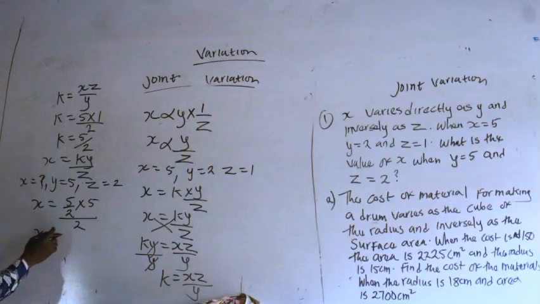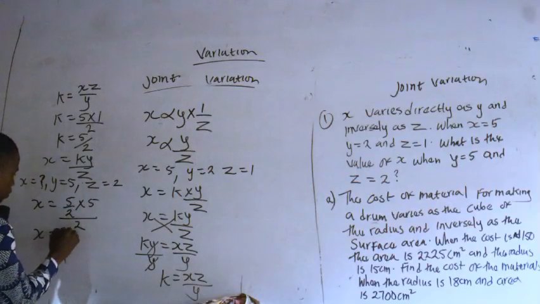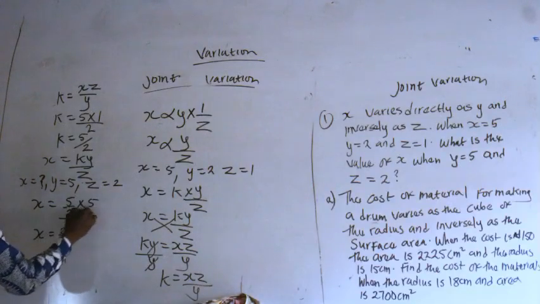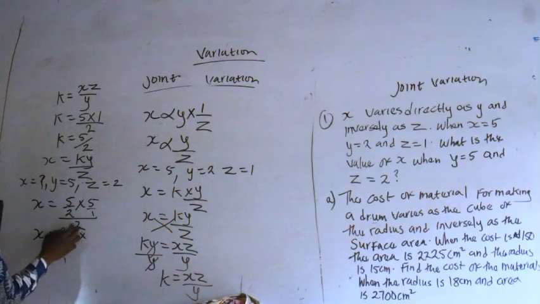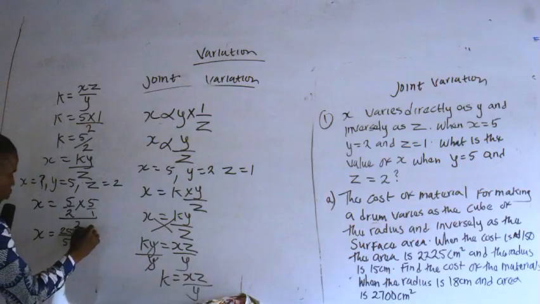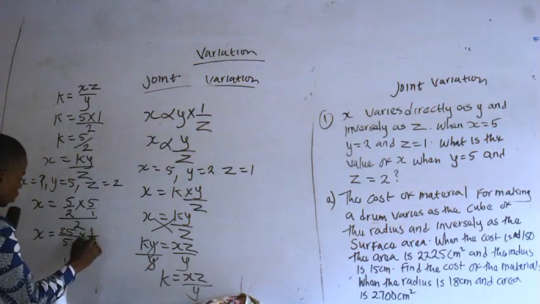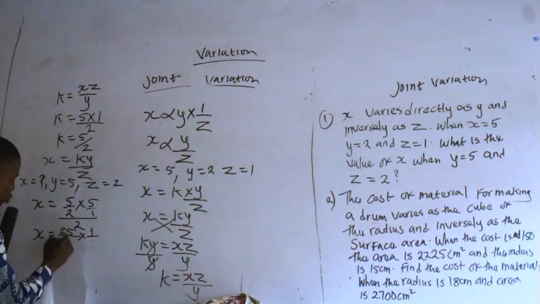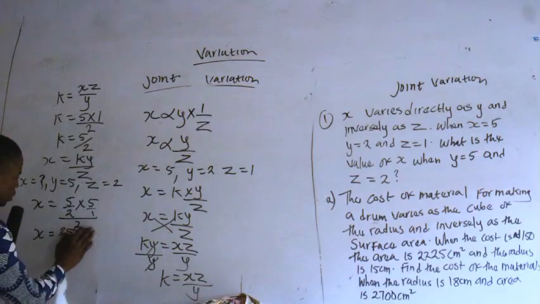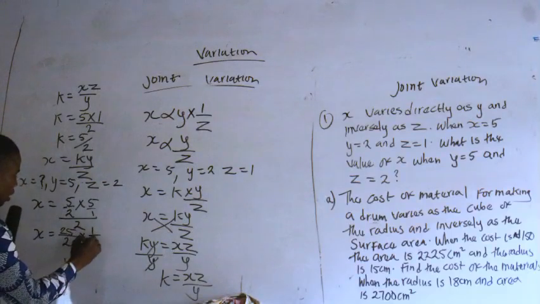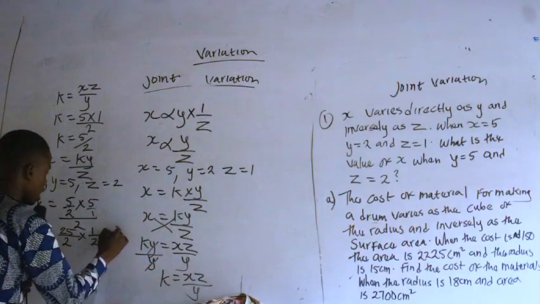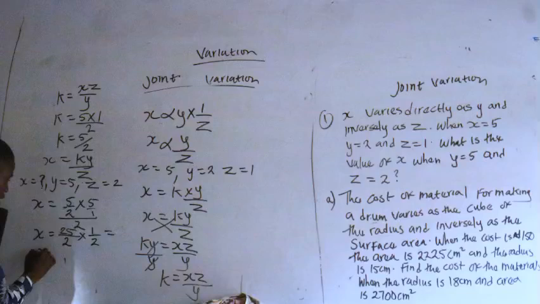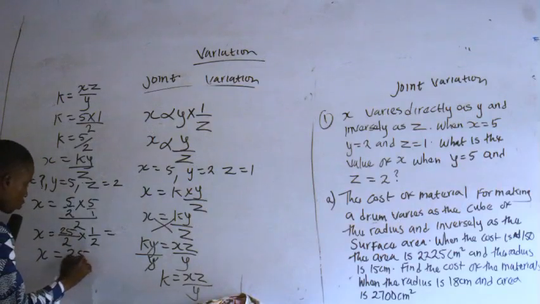X equals 25 all over 2 times 1 all over 2. This one we turn upside down, it will now be 1 all over 2. The answer will now be X equals 25 all over 4.